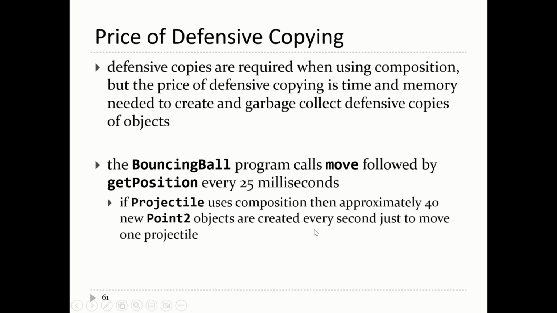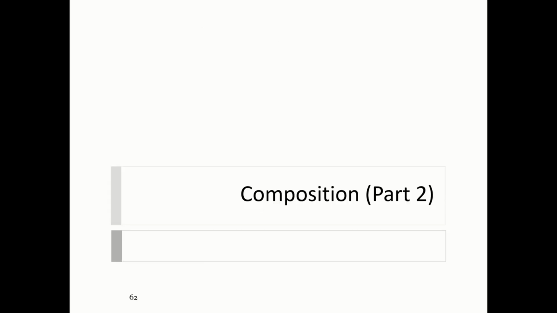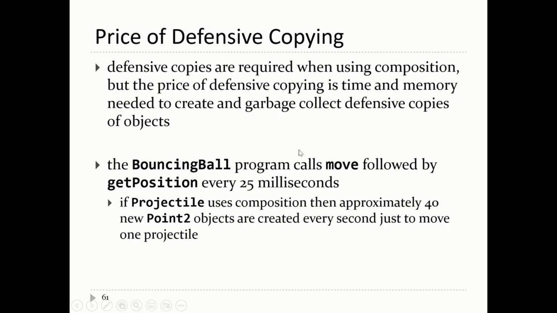Whereas in aggregation, you're never making a new point object to move the ball. You just change the internal point, and it moves. So you pay this huge price for making these defensive copies. And so that's why you don't use composition if you don't have to.